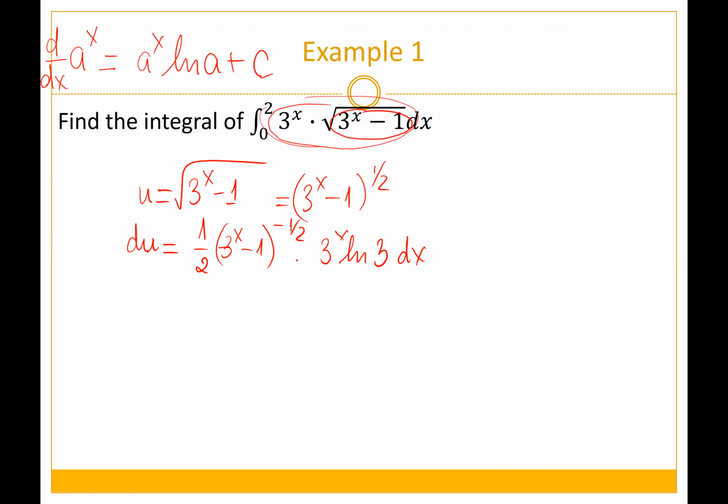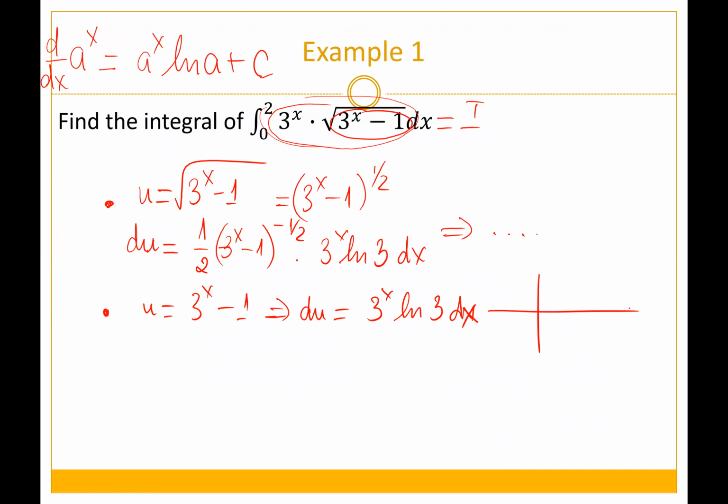If you do a little simplification, you can put this integral in a form that is really easy to find. Another way you can put it is u equals 3^x minus 1, then du equals 3^x ln 3 dx.